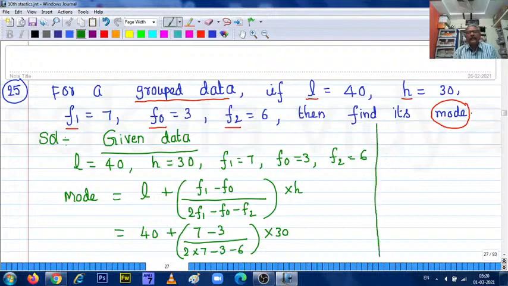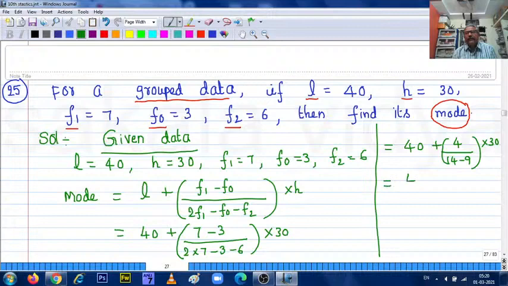Let us simplify. So this equals 40 plus 7 minus 3 is 4, upon 14 minus 3 minus 6, minus 9, multiplied with 30.